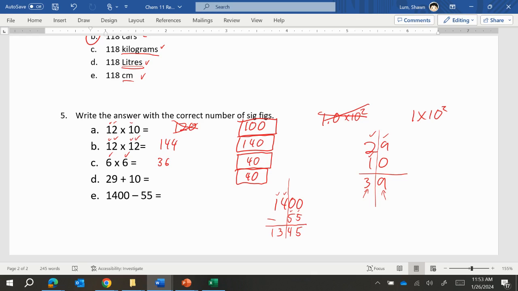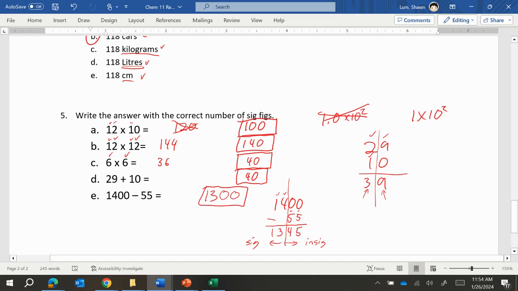Okay, so I get 1,345. Now, everything on this side of that line is insignificant. Everything on this side is significant. Since the 45, or the 4, is below halfway, it's not going to round up that 3. So what is the answer right here? It's 1,300. Okay? And that's our answer.